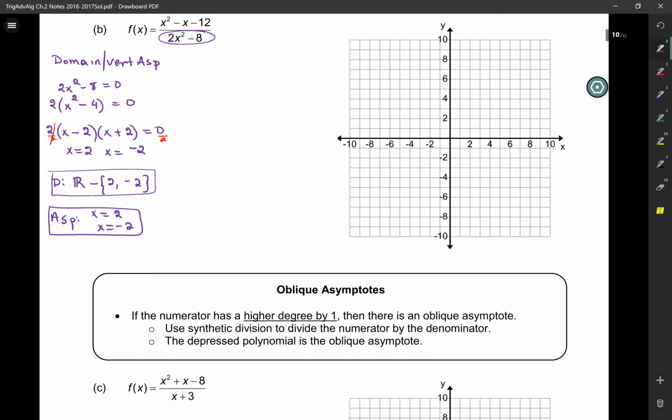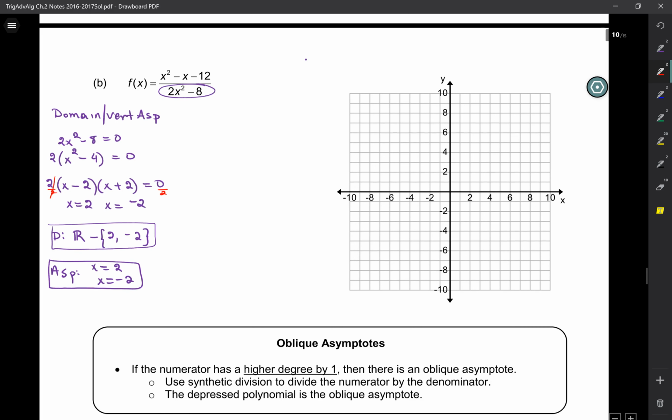Next, let's do horizontal asymptotes. For the horizontal asymptotes, I'm going to take the term with the highest power from the top and divide it by the term with the highest power on the bottom.